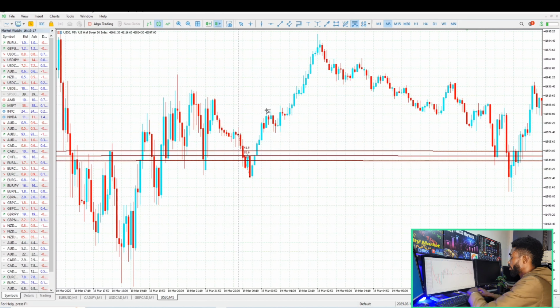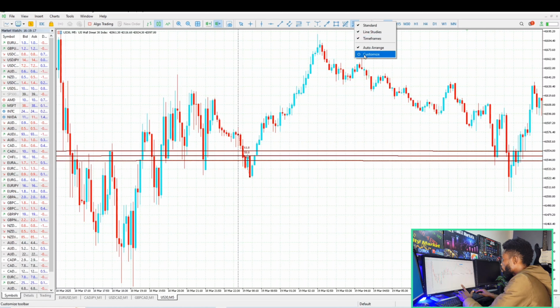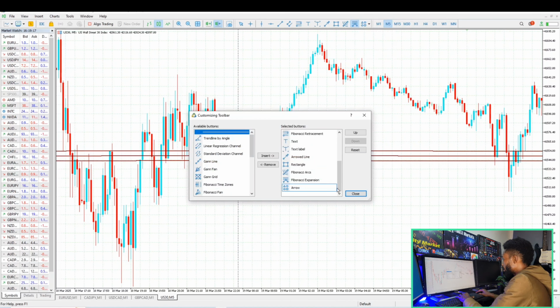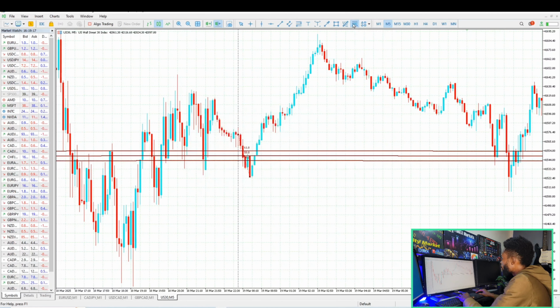So you can see that from here, when you click on the Fibonacci expansion tool, as usual, if you also don't see it here, then you can just right click, customize, and you can find it here and insert it. Okay, so if you click on the Fibonacci expansion tool, now look at something here.